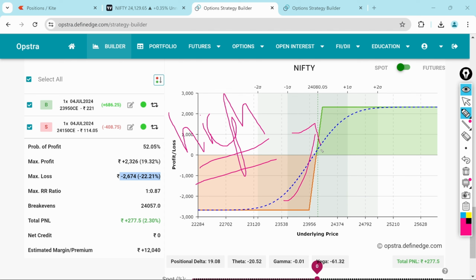If your assumption is that the market might go up, but you are not sure it can go up significantly, then you go for the in the money debit spread. If you are sure that the market might go up significantly higher, then you can go for at the money and out of the money debit spread, or else you can go for both out of the money buy and out of the money sell. It depends on your assumption about how far the market can go up.